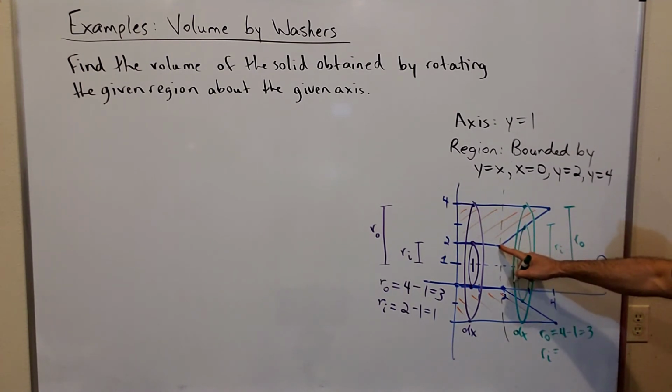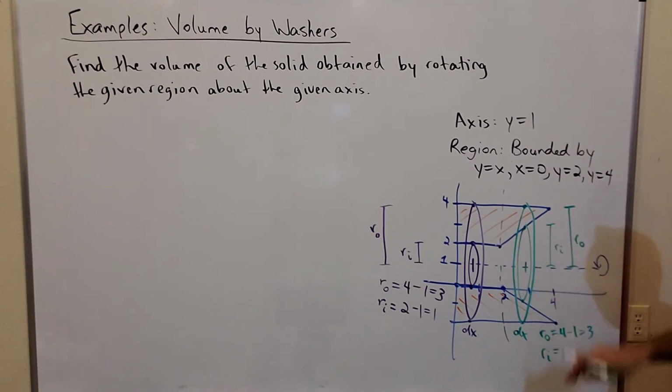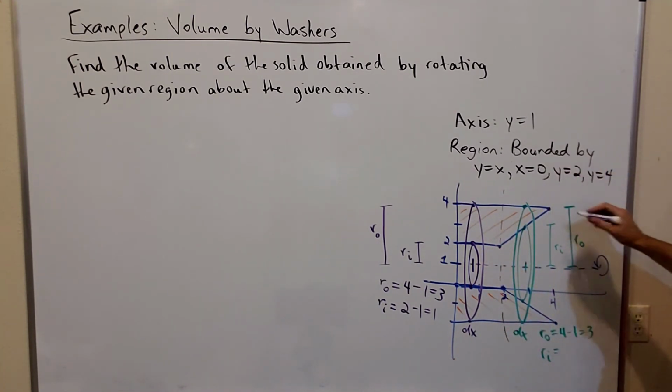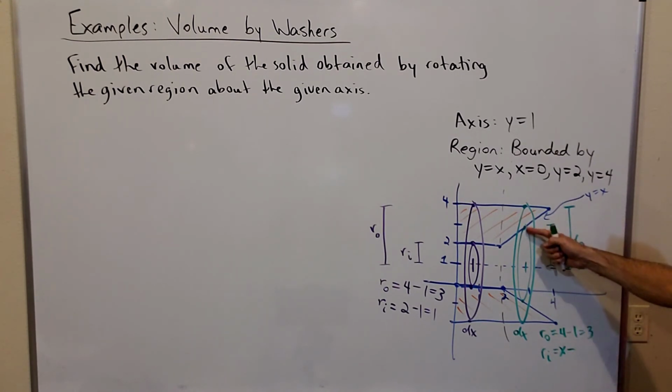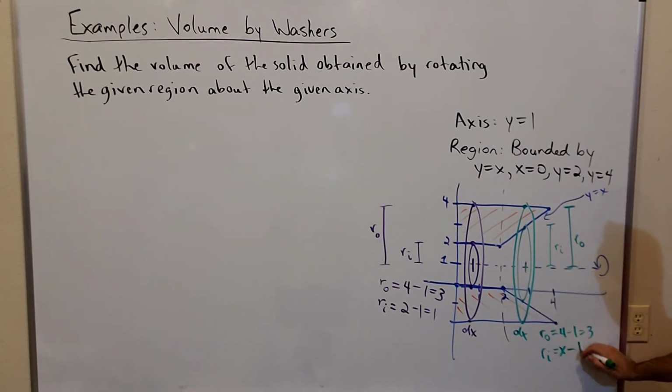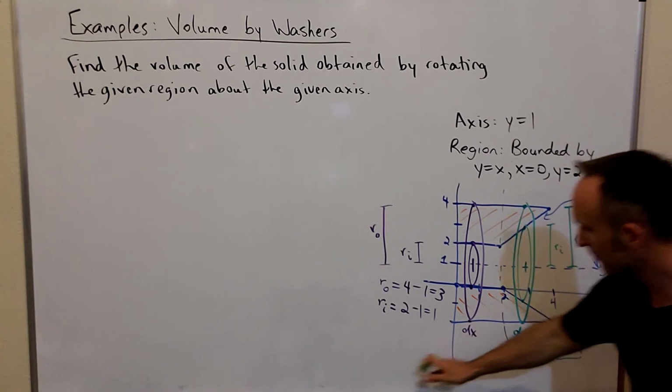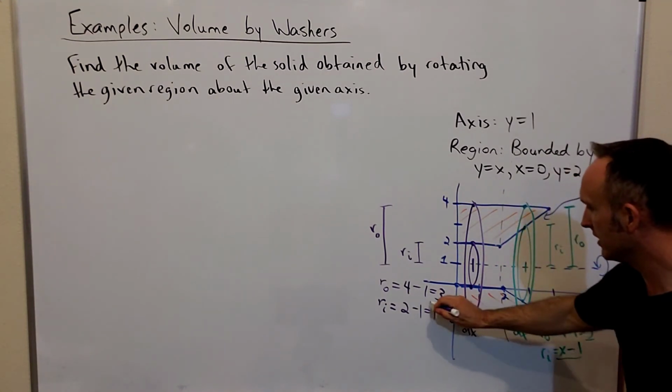The top y is dictated by a slanted line, which is the line y equals x. So the top y in terms of x is literally x, because y equals x. So the top y is x, minus the bottom y, which is the constant of 1. So we have all of our radii.